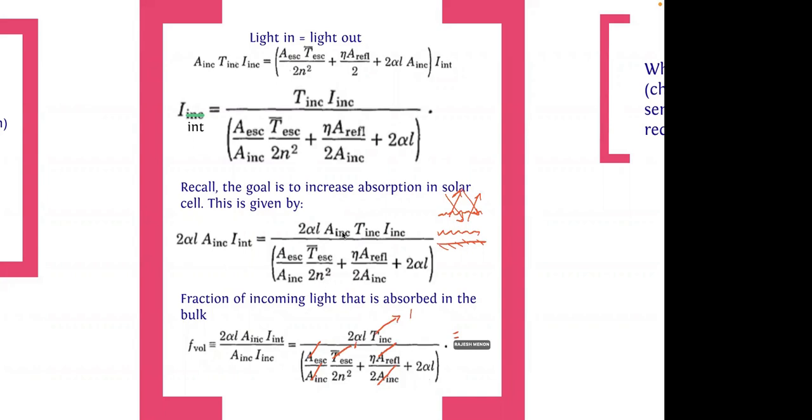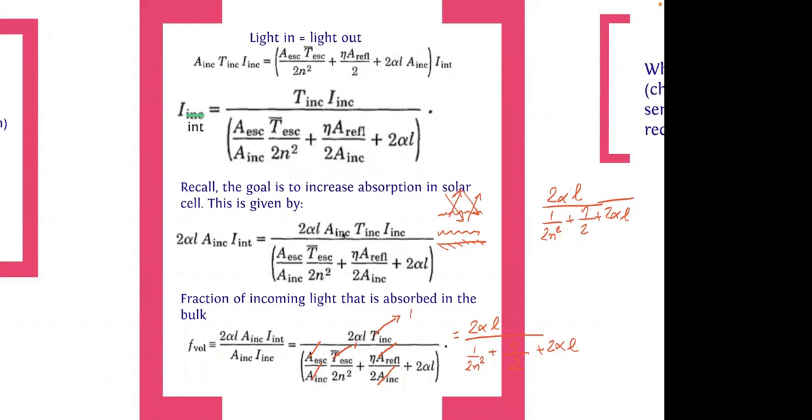If I do all those simplifications, what do we get? 2 alpha L divided by 1 over 2n squared plus eta over 2 plus 2 alpha L. Now, what is my eta? Eta is the fraction that's absorbed at the interface.